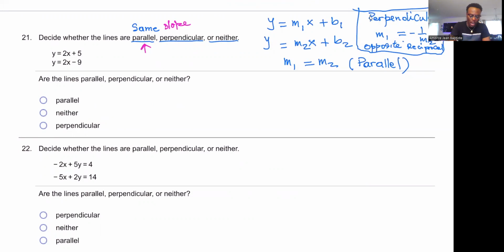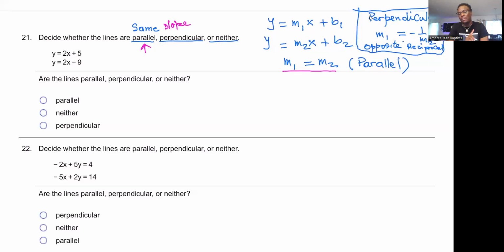So if I have y equals m1 x plus b1 and another line, equation is m2 x plus b2, then the two lines are parallel if the slopes M1 and M2 are the same.